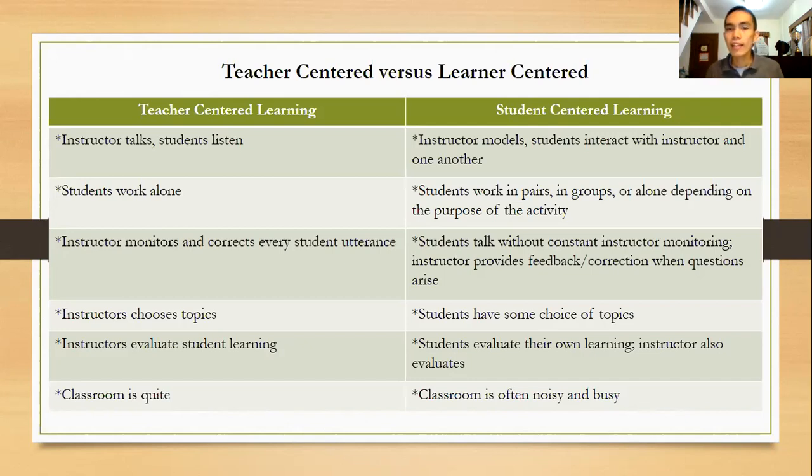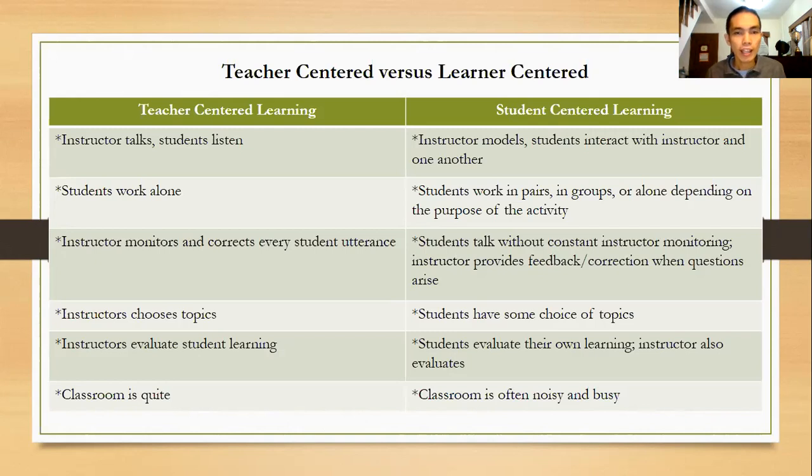While in student-centered learning, a student talks without constant instructor monitoring. The instructor provides feedback and correction when questions arise. So there's feedback after the student explains the answers, but not immediately like in teacher-centered learning.